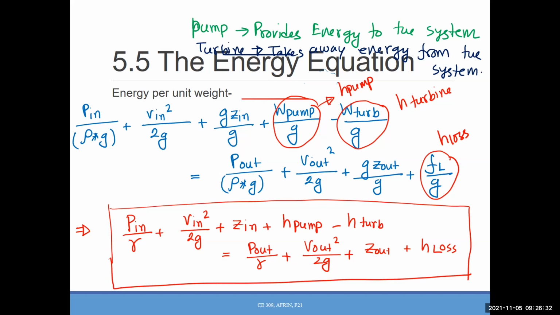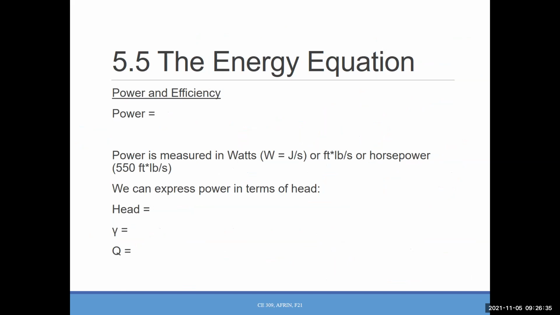You are done? Okay. So power is actually work done per unit time. That is the power. And power is measured in watt in the SI system, you know that, or in feet lbs per second for the FPS system. But maybe you never heard about feet lb per second, but I'm sure you heard about horsepower, right?